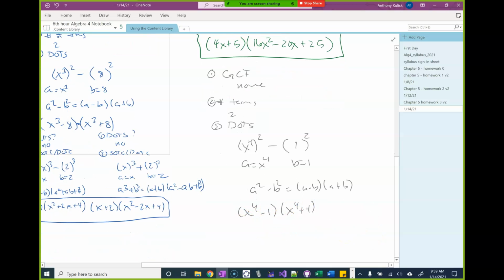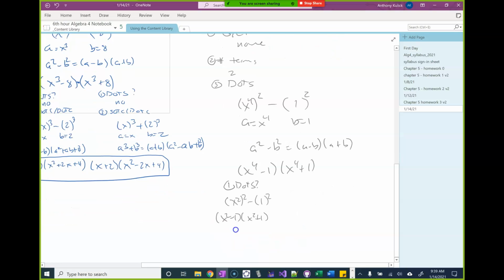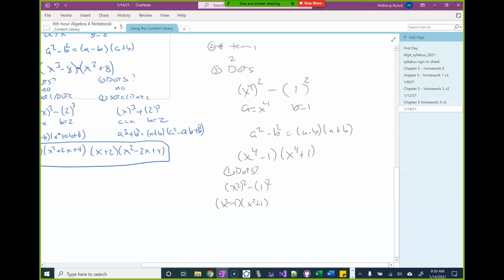So far so good, Ben? Now I need to check each one of these. The x to the 4th minus 1 is two terms, so the first thing I check there is the difference of two squares. Well, it is, so I can write x squared minus 1 times x squared plus 1. Then I need to check each one of those results.